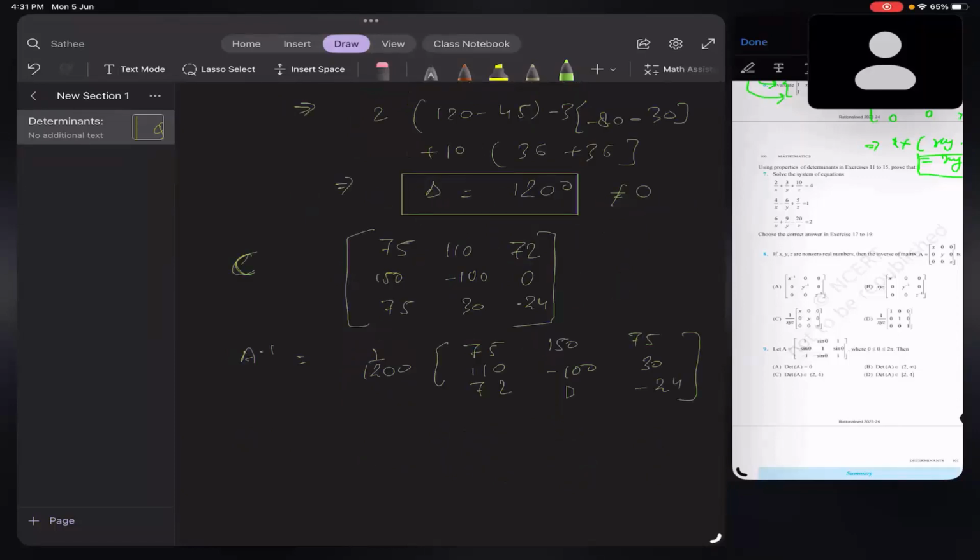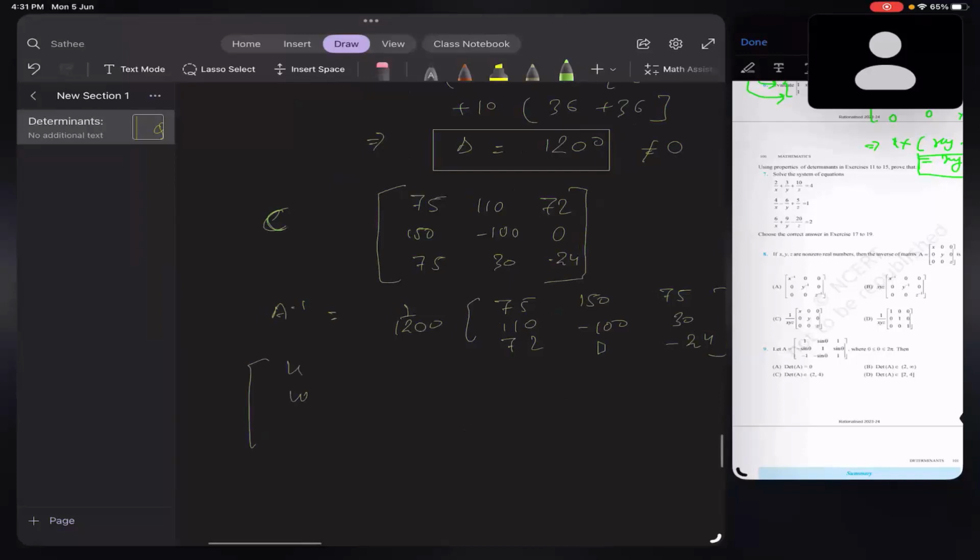So our matrix of u, v, w would be 1 by 1200, and this would be 75, 110, 72. This would be 150, minus 100, and this would be 0, and this would be 75, 30, and this would be minus 24. And also you have to multiply the matrix here. So this is 4, 1, 2.